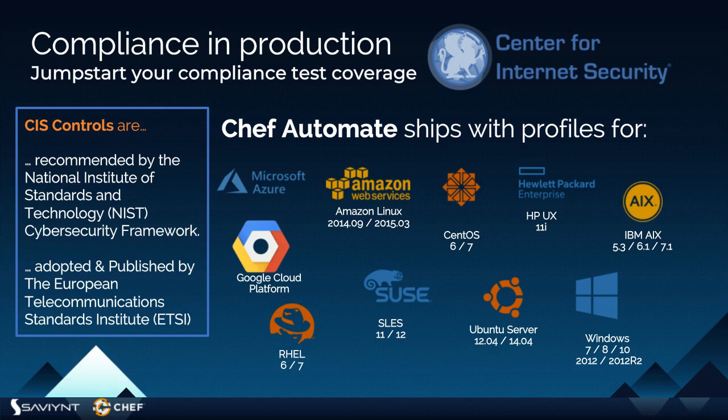NIST in particular recommends CIS, as does the European Telecommunications and Standards Institute. And CIS also provides mappings for how their controls relate to specific compliance regimens. So if we're talking about something like PCI compliance, HIPAA compliance, et cetera, we can see how those CIS controls map so that we can take these benchmarks and drive them directly to the value they'll bring you in an audit.